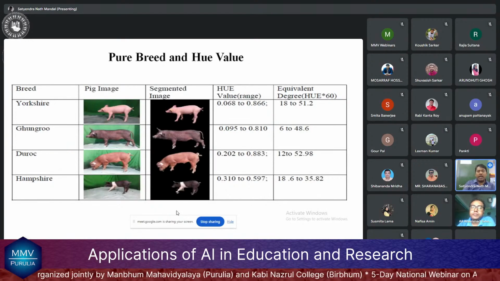These are the values. Their ranges are totally different. So based on their range, we can identify their breed.